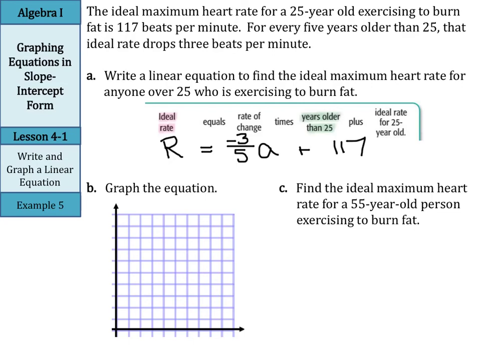And that's our equation. Now when we go to graph this, we can count up on our graph 112, 113, 114, 115, 116, 117 is our y-intercept here. And on this side is our maximum heart rate.